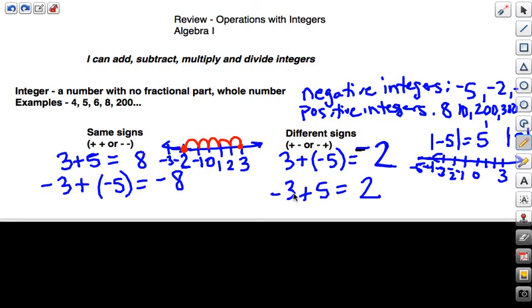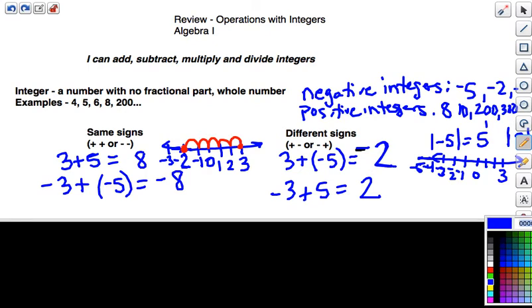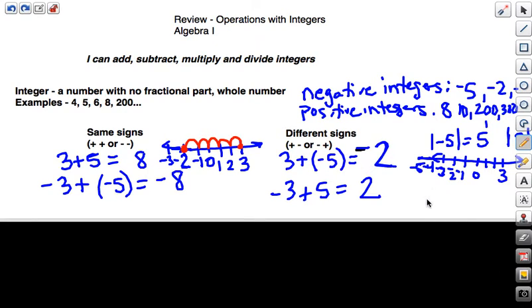If we're at negative 3 on the number line and we move 5 units to the right, we will be at 2. Let's go ahead and demonstrate that. You can always check your work with a number line.